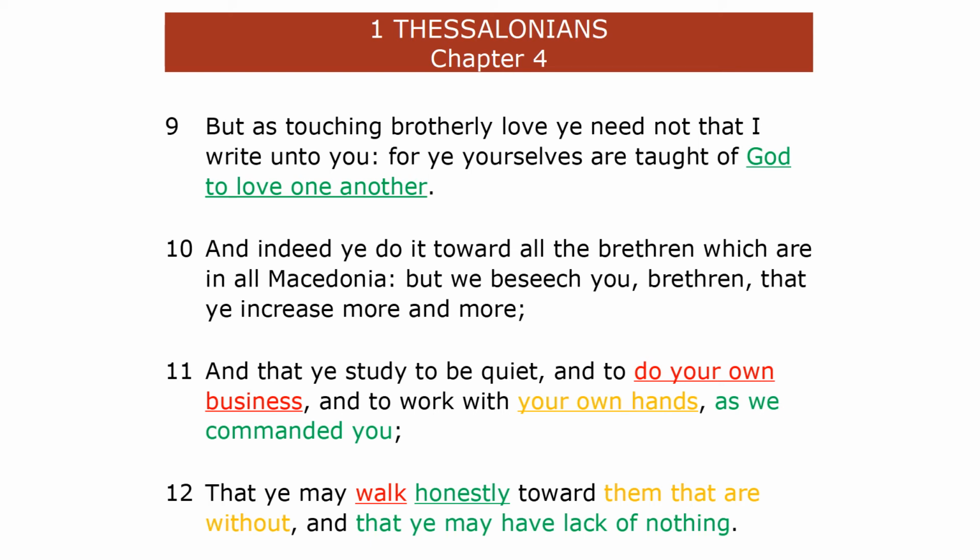And in verse 11, it says, and that ye study to be quiet and to do your own business, have your own economics. And how are you going to get that economics? By working with your own political power and your social power as you have been commanded by God to do.